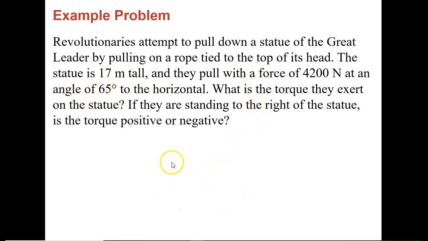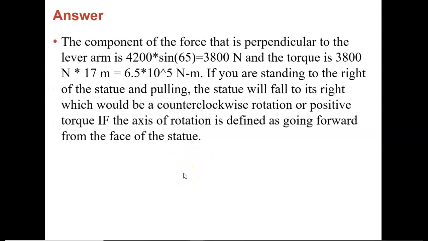So kind of imagine it's 65 degrees down. We're looking at the sine of that, which is 3,800 newtons at a height of 17 meters from the pivot point. So 3,800 times 17 is 6.5 times 10 to the 5th newton meters.